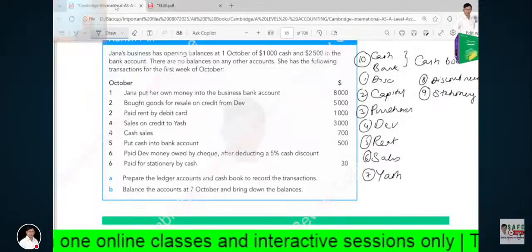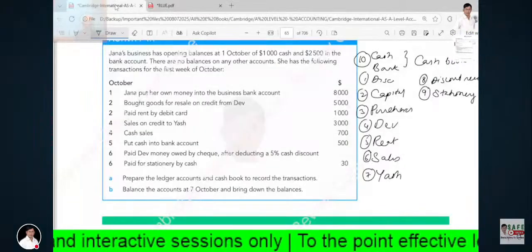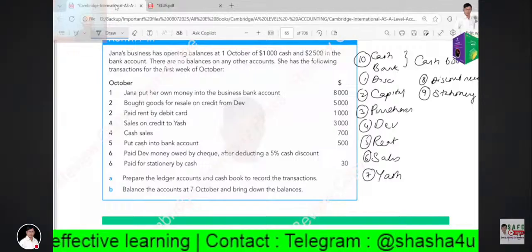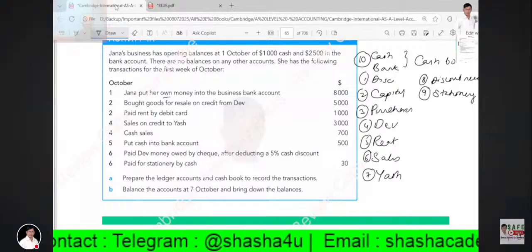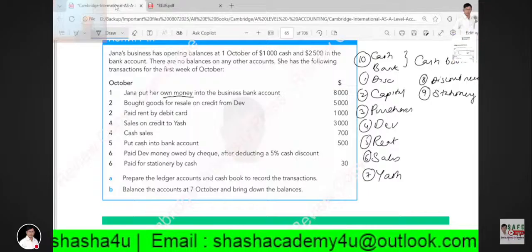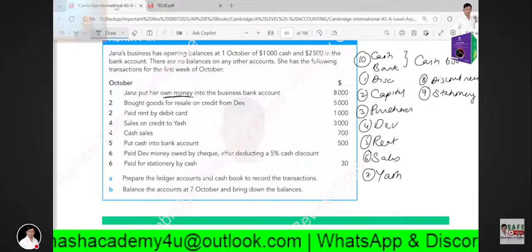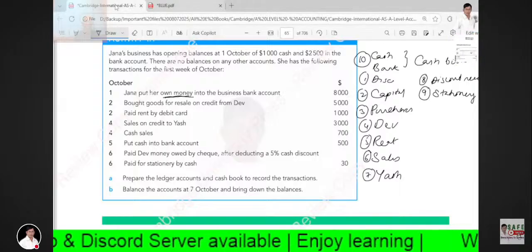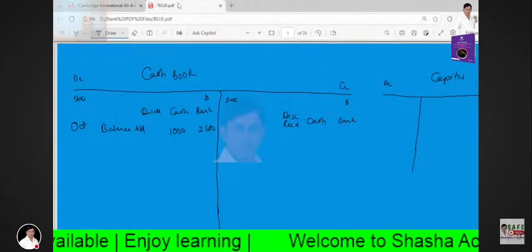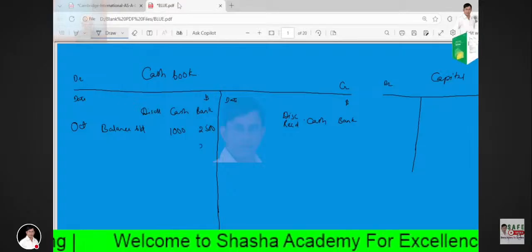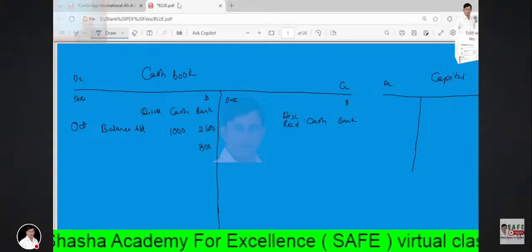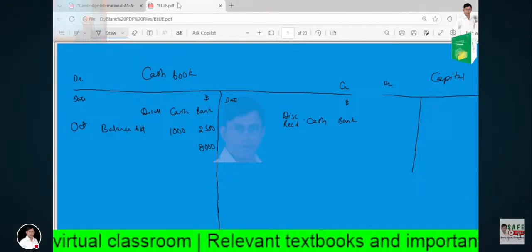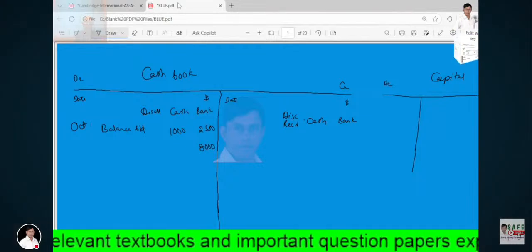Then, Jana put her own money into the business bank account, $8,000. Own money is nothing but capital. So Jana has put her own money into the bank account, $8,000. So money is coming in the bank, and the date is the first.